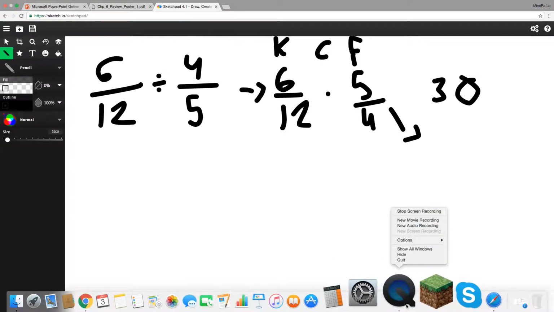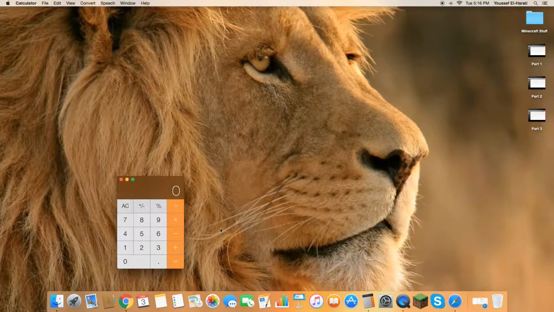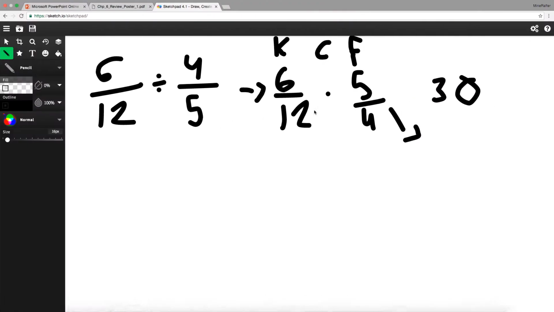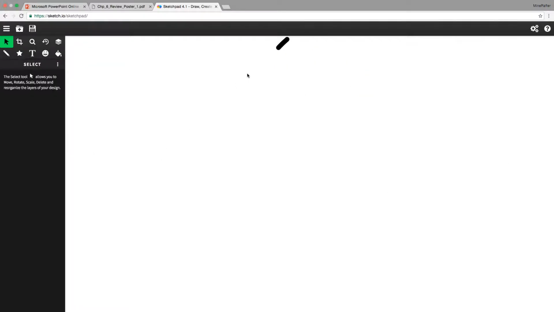And then 12 times 4, that will be exactly 48. So you write them as usual, just like a fraction, 30 over 48. And then if you want, you can reduce it, but this is the answer for one of the questions I just made.